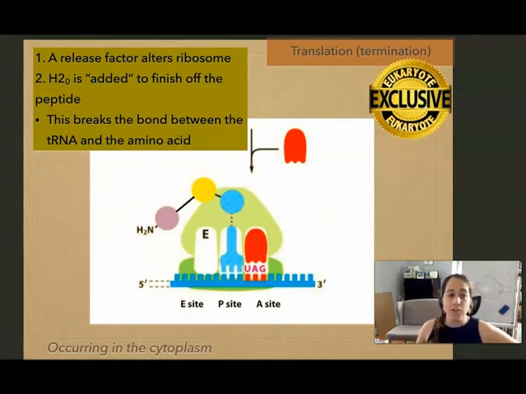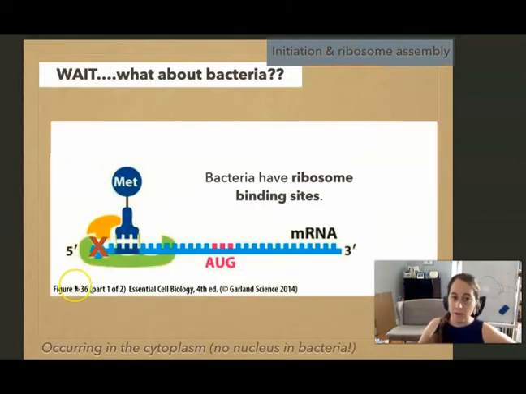Now I want to talk just really briefly about the differences between translation initiation in eukaryotes and prokaryotes. So we already talked about eukaryotes, but now we need to talk about prokaryotes. And one of the differences between these 2 systems is due to the modifications of the mRNA that occur in eukaryotes.